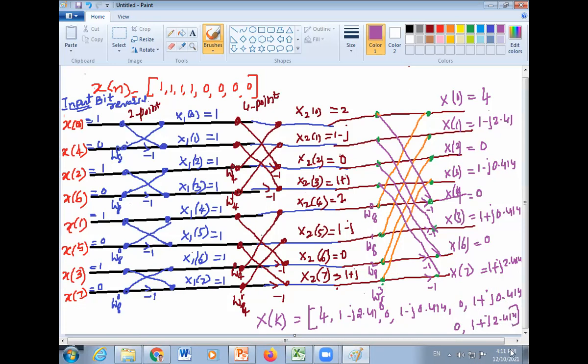This is how we solve the examples for the DIT-FFT algorithm. It requires practice. You have to solve it by yourself so that you can understand clearly.